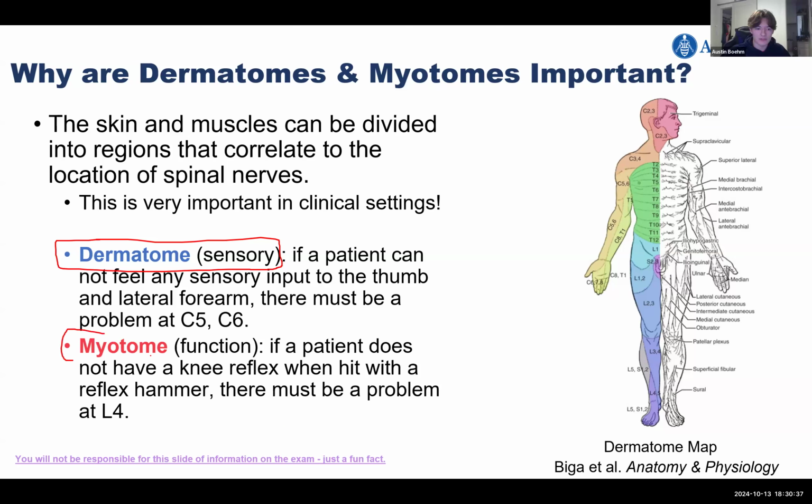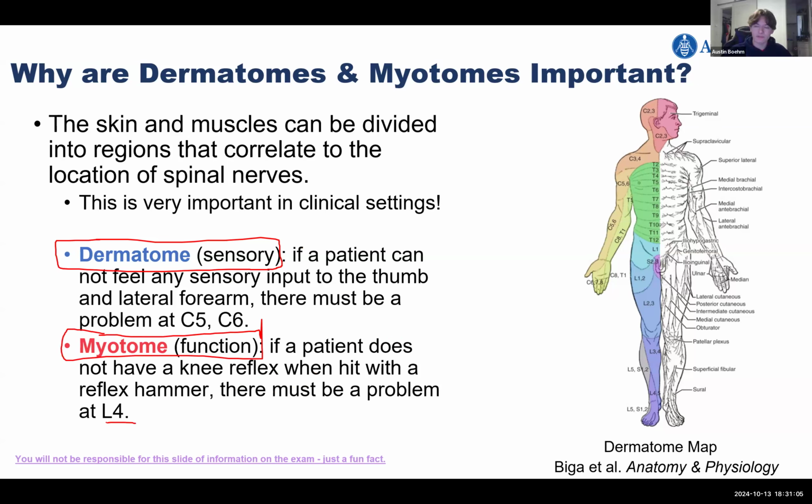The myotome is a functional version of that, whereas with a dermatome I'm rubbing my hands together and feeling it, with a myotome it's, okay, can I bend my fingers? Can I extend my leg? Are my nerves functioning and reaching the muscles they're intended to reach? A practical application of this is reflexes. When you're hitting someone on the knee, the patellar reflex is related to L4.